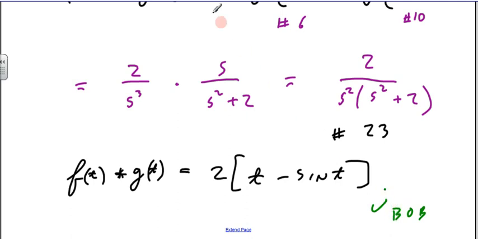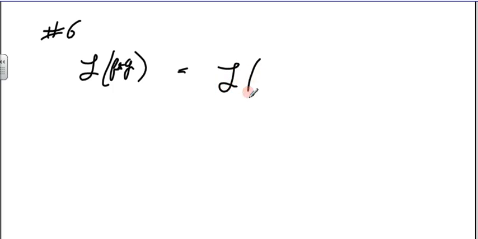Okay, we're going to do number 6. Look at the Laplace transform of f convoluted with g, and that's going to be the Laplace transform of e to the at times the Laplace transform of e to the bt.